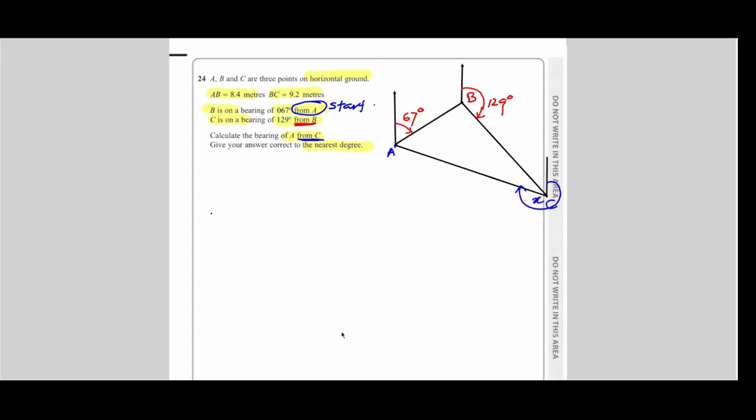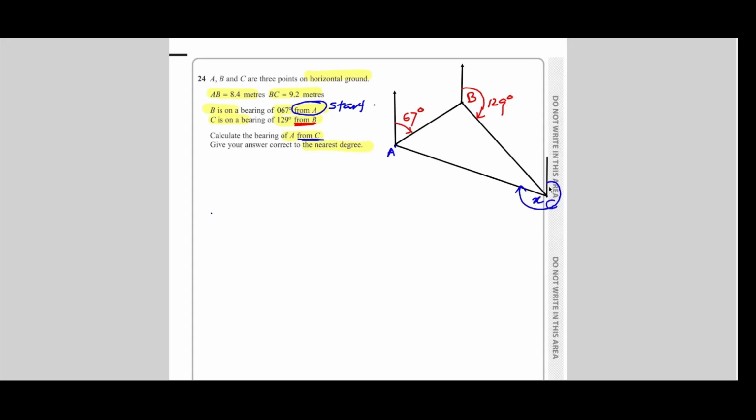This is the bearing of A from C. From C, draw the north line. Being at the north line, rotate clockwise until you meet A. It's clear?